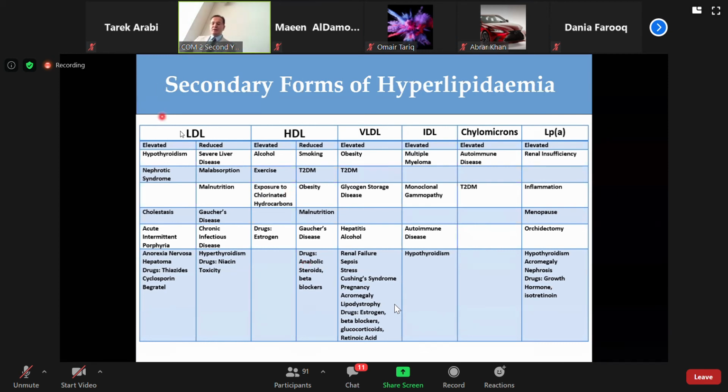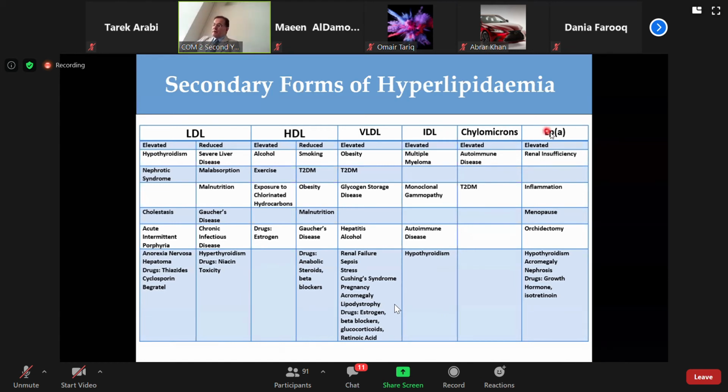For example, LDL cholesterol is elevated in hypothyroidism. Also in hypothyroidism we have increased IDL, but we don't usually measure IDL in the lab. You just get the LDL, HDL, triglycerides, and total cholesterol.